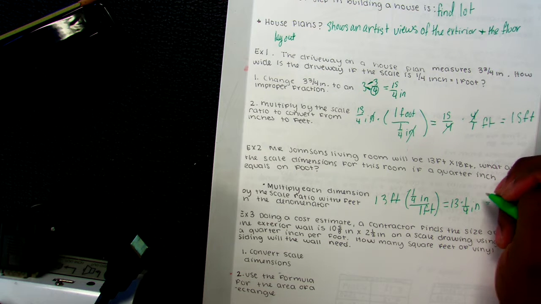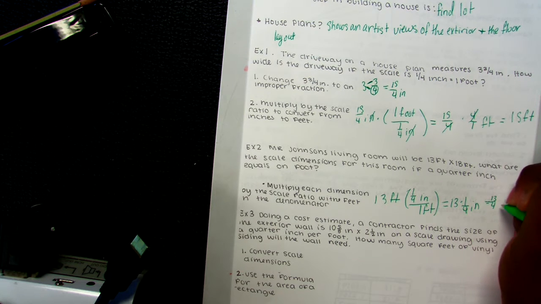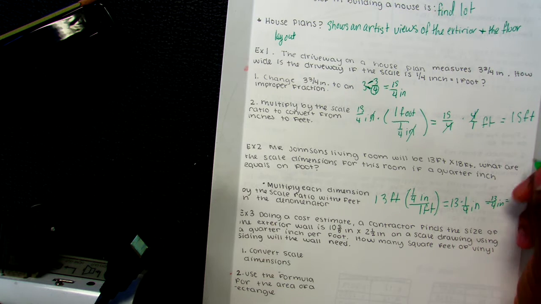And from that you would multiply, which would give you 13/4 inches, and then you would make it a mixed number, which would give you 3 1/4 inches.